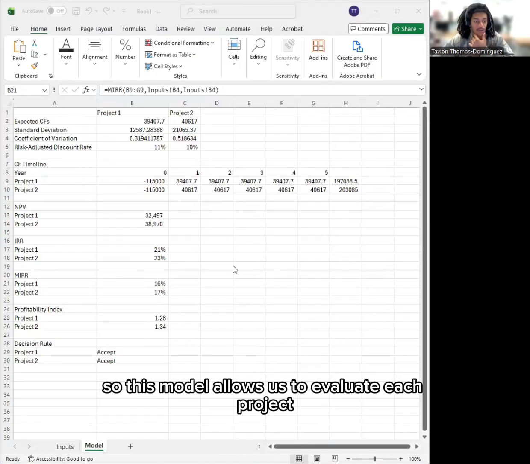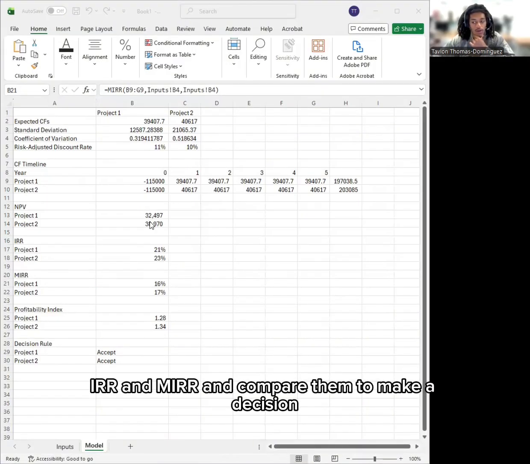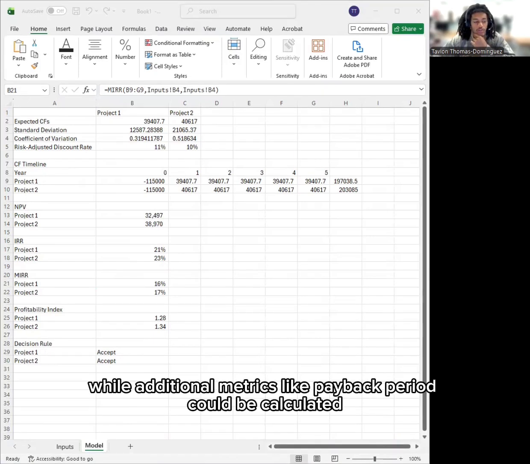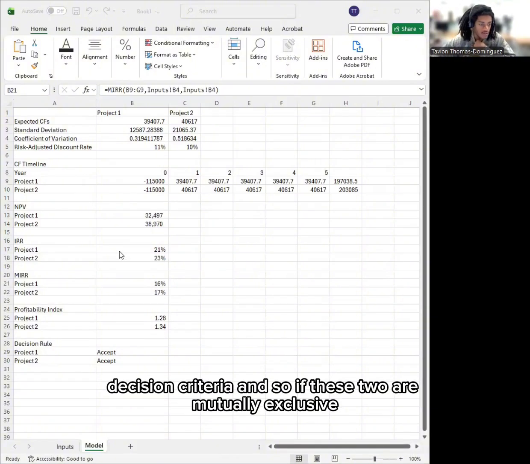So this model allows us to evaluate each project using key metrics like NPV, IRR, and MIRR and compare them to make a decision. While additional metrics like payback period could be calculated, NPV remains the primary decision criteria.